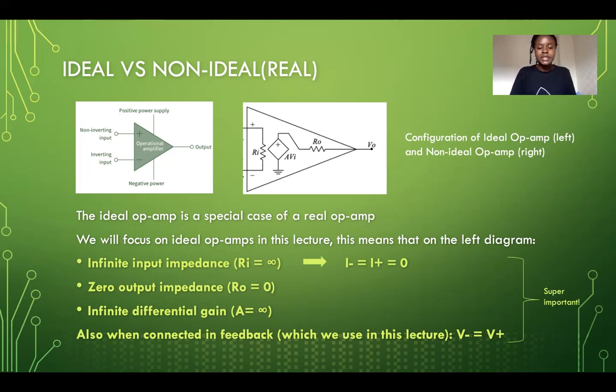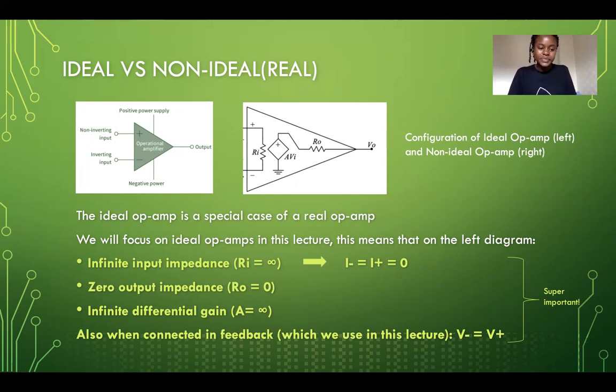What this means is that Ri in the diagram above is equal to infinity, which is great because if you look at that loop there, if Ri is equal to infinity, the current at the plus sign must be zero, and the current at the negative sign must also be zero, because there is infinite resistance through that loop, which is another assumption that we use in the calculations in the next few slides.